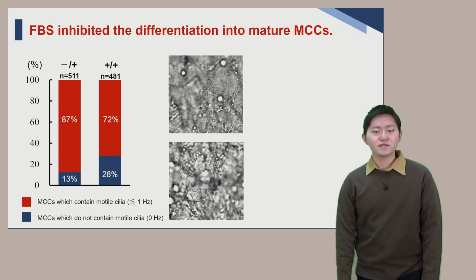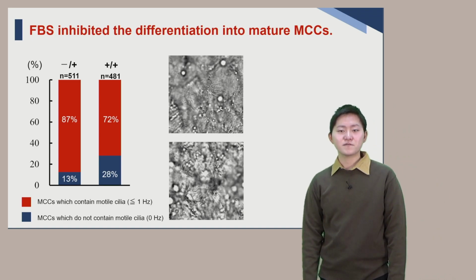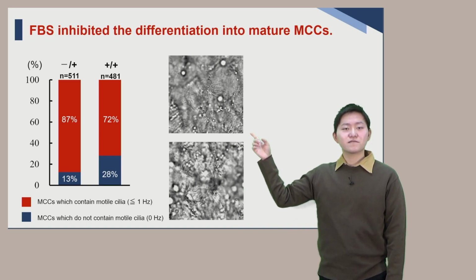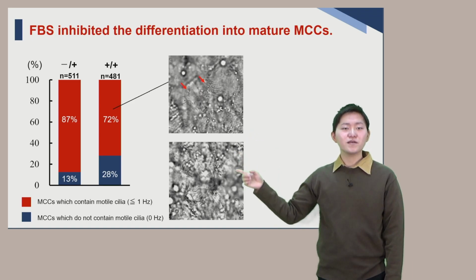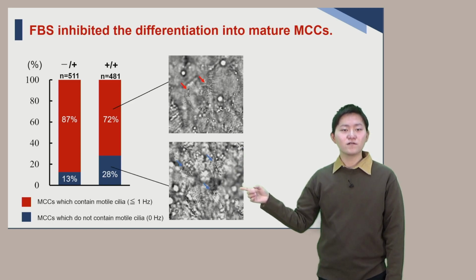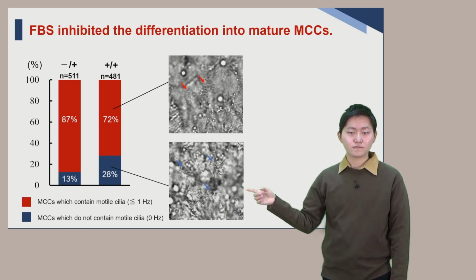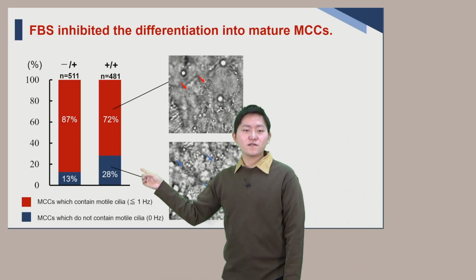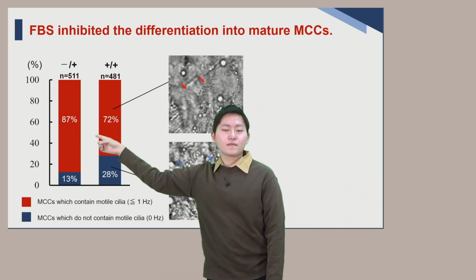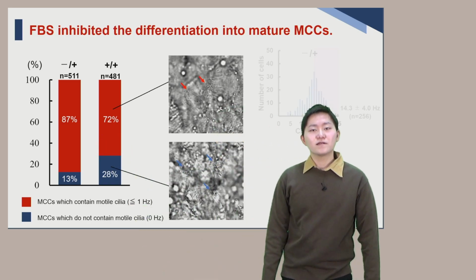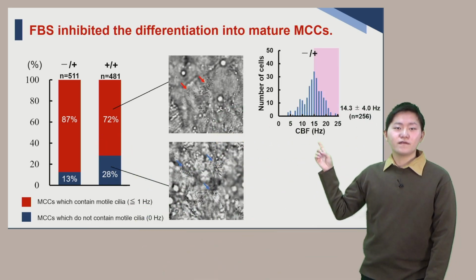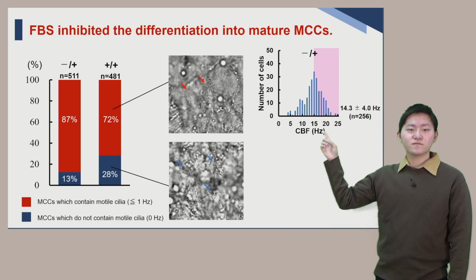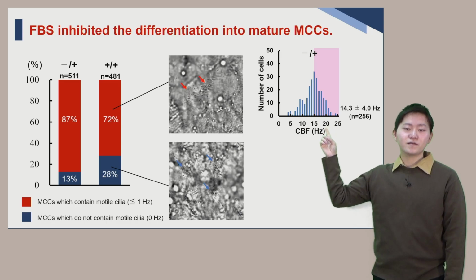Next, I observed the ciliary movement in the minus plus and the plus plus conditions. Beating cilia, shown in red arrows, and non-beating cilia, shown in blue arrows, were observed. In the minus plus conditions, almost all cilia were beating. The mean CBF was about 14 Hz, and over 50% of cells differentiated into mature ependymal MCCs, shown in the pink zone.